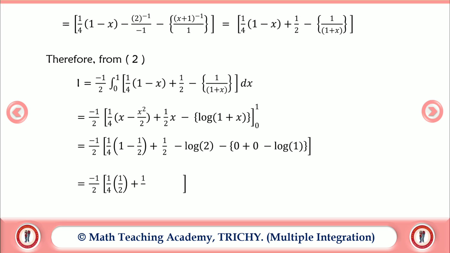So that is equal to minus 1 by 2 into 1 by 4 into 1 minus half becomes half, and then plus half minus log 2. The remaining term will vanish. So that is equal to minus 1 by 2 into 5 by 8 minus log 2, and then take minus outside, then what you will get is 1 by 2 into log 2 minus 5 by 8. So this is the required triple integral.